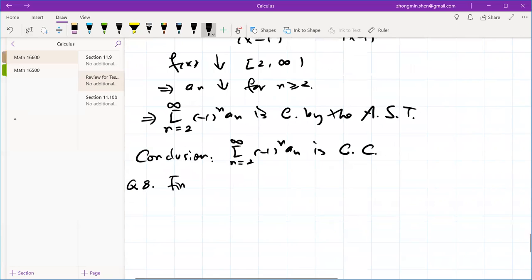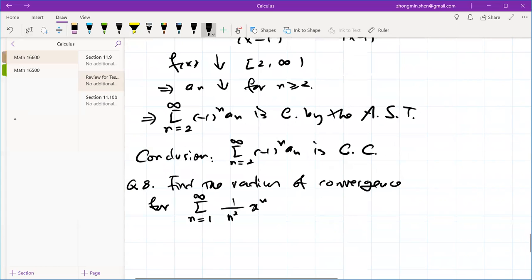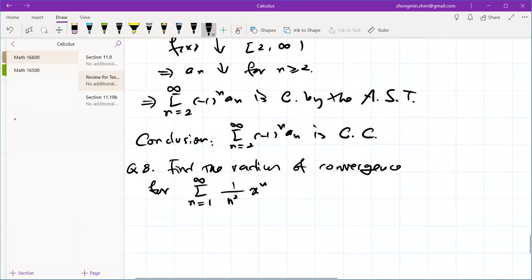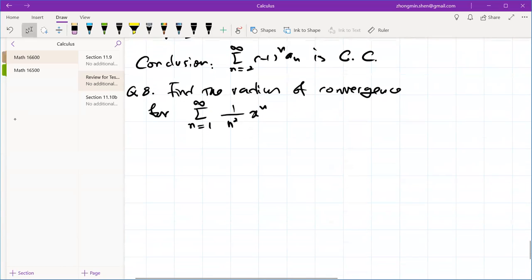Okay. Find the radius of convergence for this power series. This is a power series, and you can use either method, the ratio test or the root test.